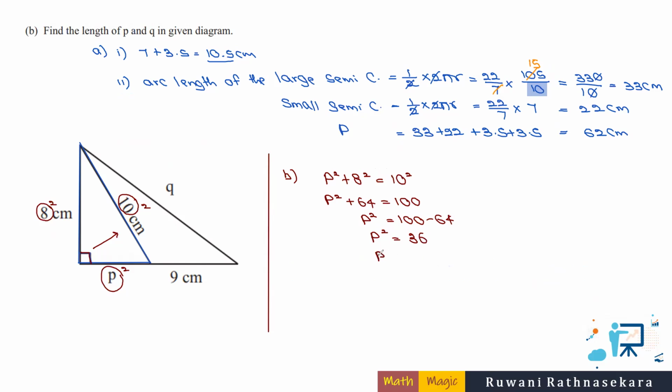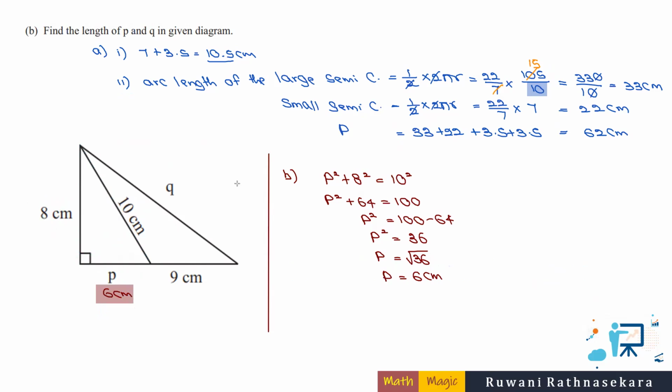Then if P squared is 36, P should be the square root of 36, which is 6 centimeters. Right? Then we know that P is 6 centimeters long. We found P as a 6 centimeter long side.